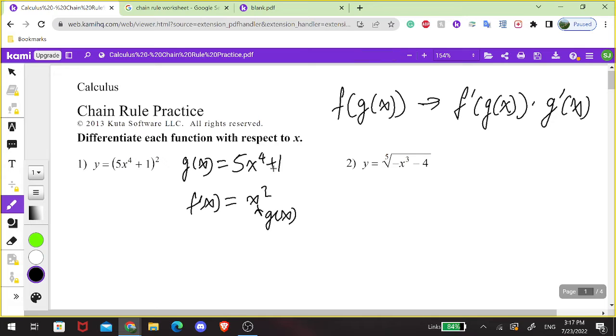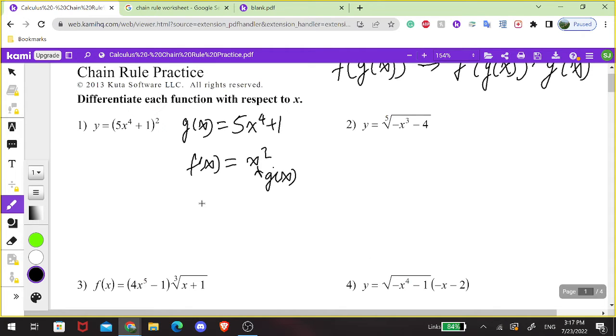F of x is going to be squaring this entire thing, and this you should have learned in pre-calc. When we write f of g of x, we replace this x with our g of x, so f of g of x will be (5x^4 plus 1) squared.